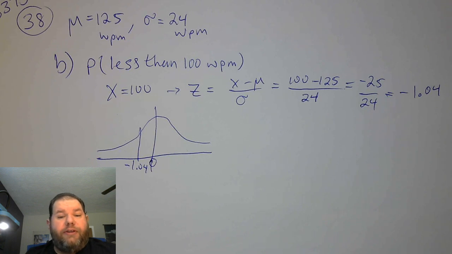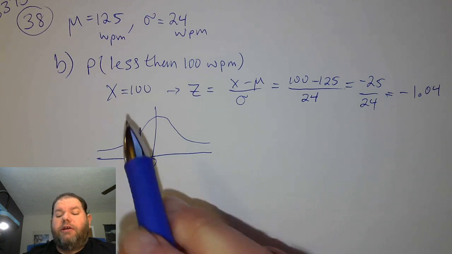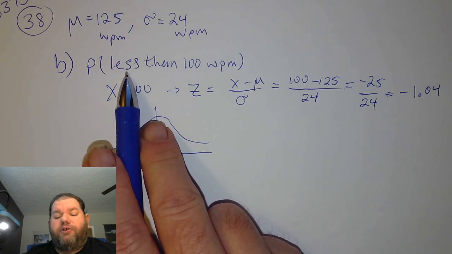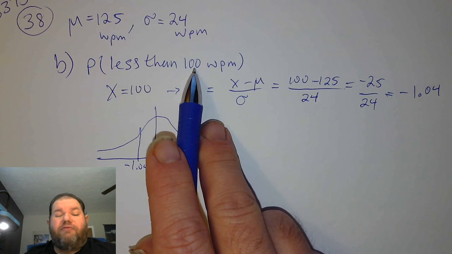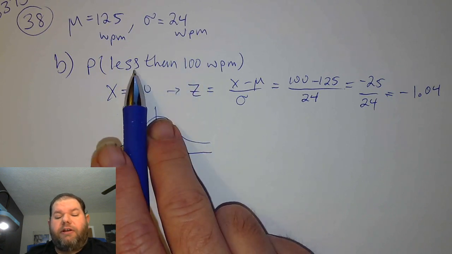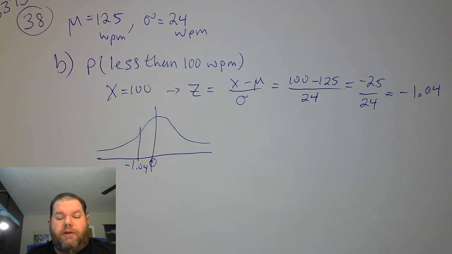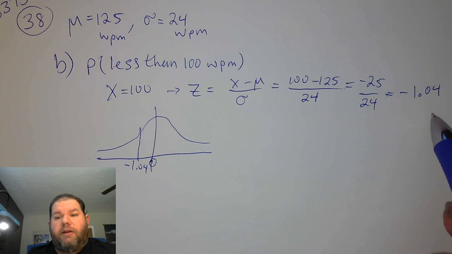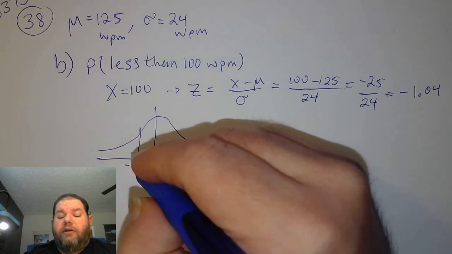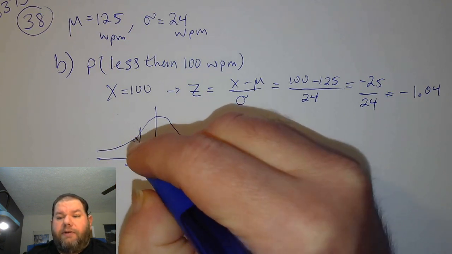There is one key thing here that's going to tell us which direction we shade in, and that'll be in the question. It asks us the probability that a randomly selected 6th grader would read less than 100 words per minute. Well, what we've calculated is the z-score for 100 words per minute. So less than that would be everything to the left.